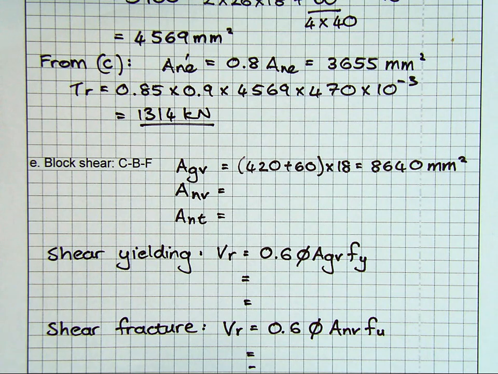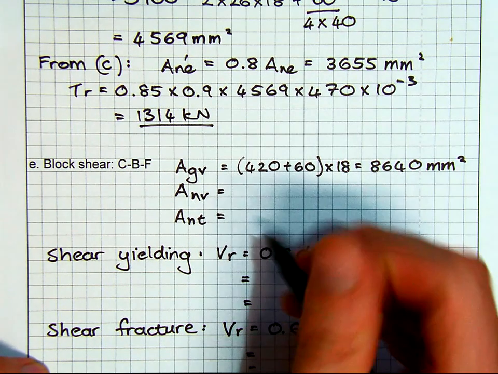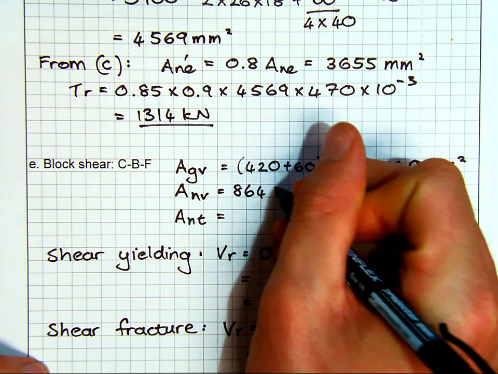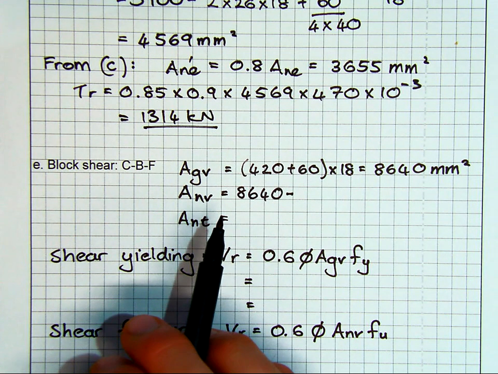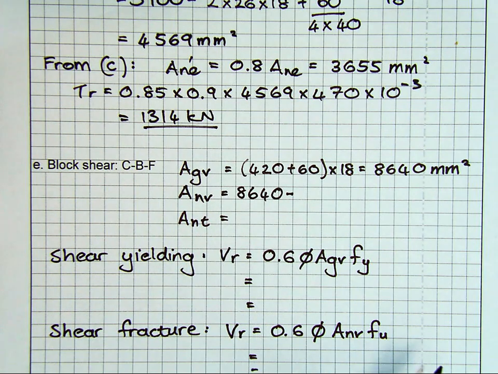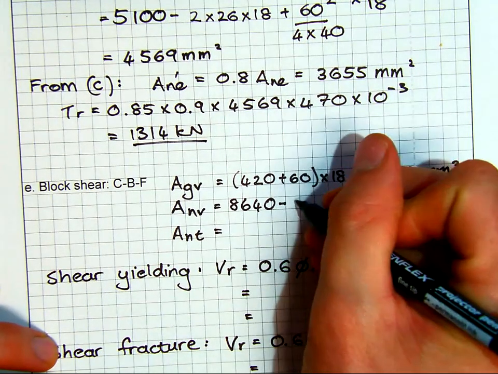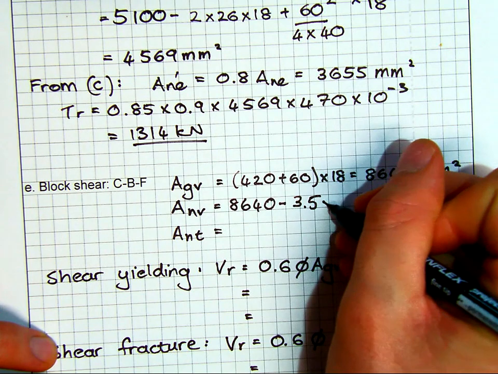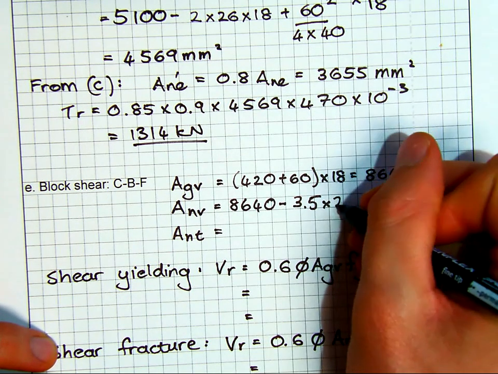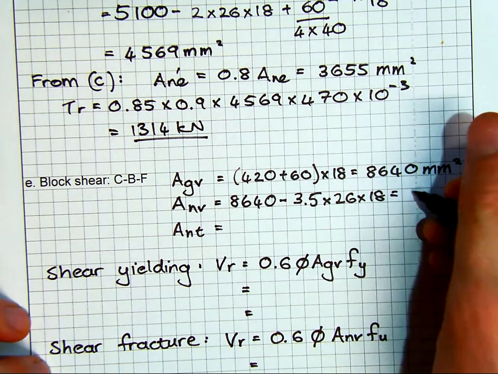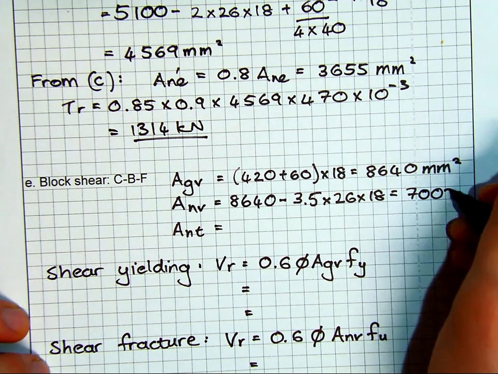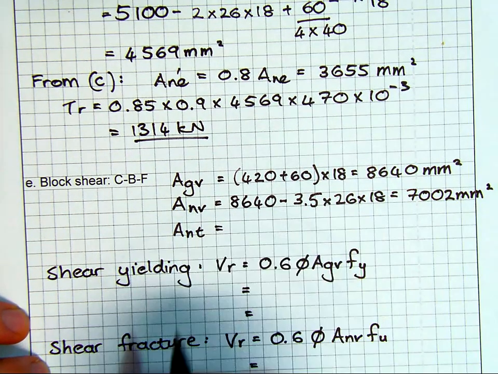Then we need the net area, where this is the area we've just calculated minus the number of bolts that pass through this area. So we just have to be careful, this is 3.5 bolts times the breadth times the thickness, and we then have a reduced area, so that's the net area in shear.